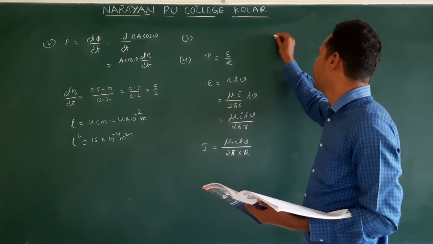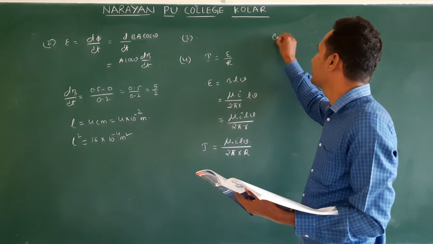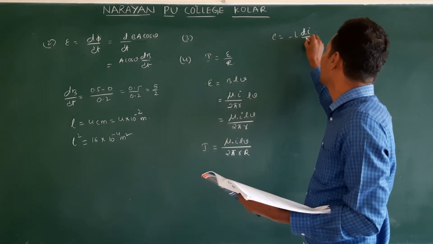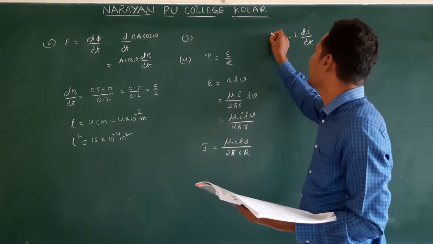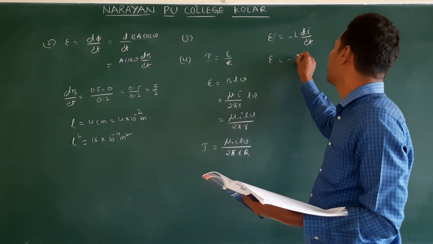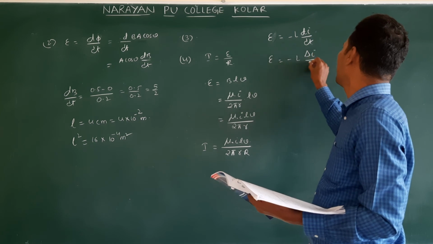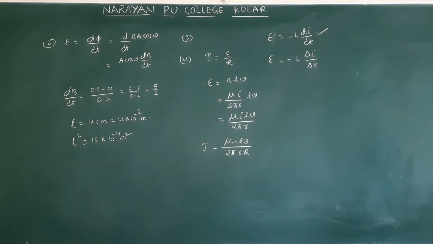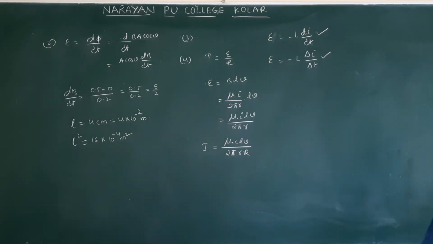So there are two formulas we are using. One is E is equal to minus L di by dt. This is the induced EMF. And another one is E is equal to minus L delta I by delta t. The first is the instantaneous value; this is for the complete given duration.